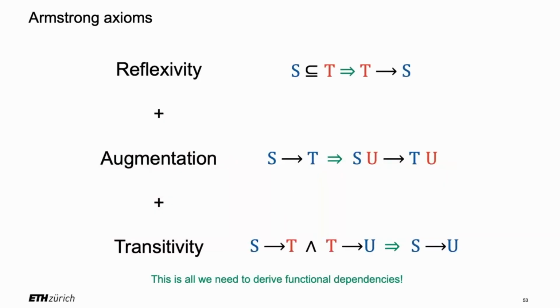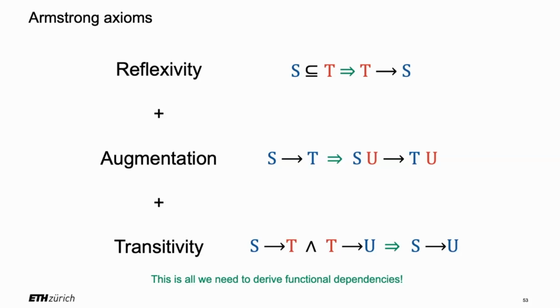Now, how many axioms did I give you? Probably 5, I think. Well, what's nice when we deal with axioms and rules, that sort of thing, is that actually we only need 3 of them. That's all we need. So it's reflexivity, augmentation, and transitivity, in fact, are the only ones you need. These are called the Armstrong axioms. What does it mean for the others, right?